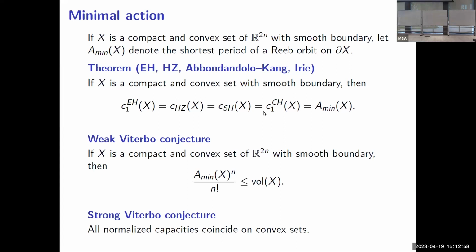It's not obvious. I think that's part of the theorem. If you just take the minimum action, it's not obvious that it's monotone, right? If you have an embedding, that it would be preserved. It's true for domains with convex boundaries because of this theorem. I mean, you can say just because of the Ekeland-Hofer, the Hofer-Zehnder capacity.